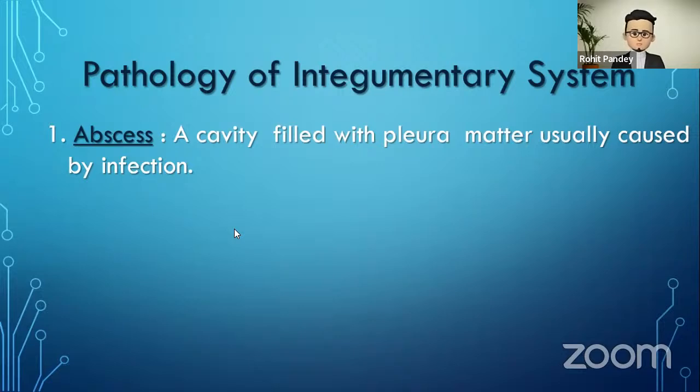So here you can see this is abscess, a cavity filled with pus matter, usually caused by infection. And here you can see that pus is filled in a cavity.